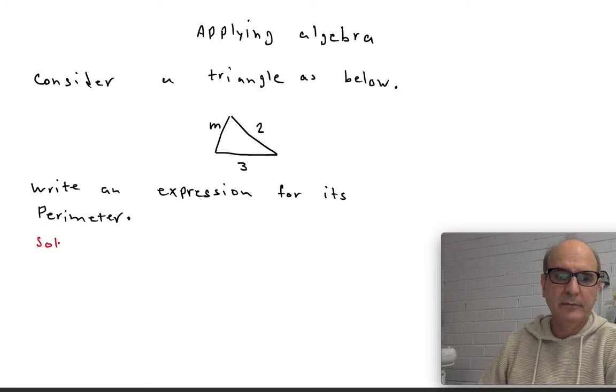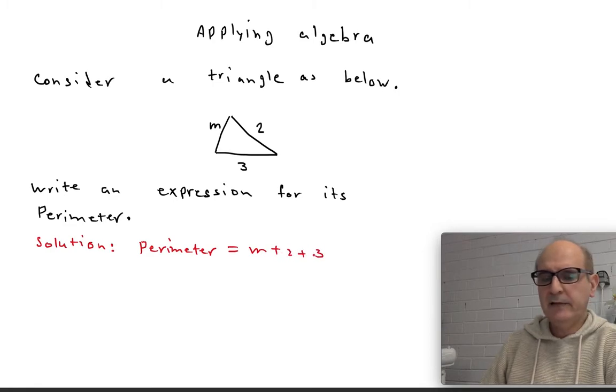So the perimeter is equal to m plus 2 plus 3. But you can add 2 and 3 to become 5, so it becomes m plus 5. That is your answer. That is an application of applying algebra.